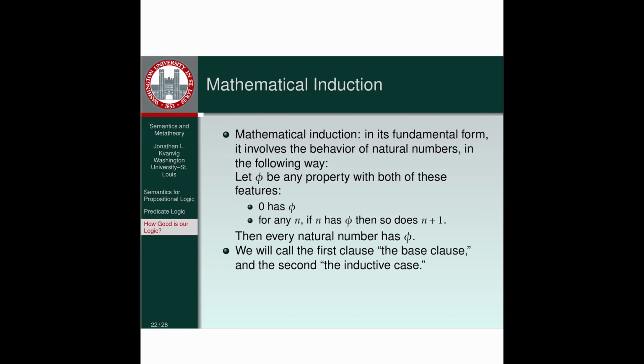Second, we're going to make a general claim for any n. If n has phi, then so does n plus 1. If both of those clauses hold, then we're going to be able to say every natural number has phi. So the first clause is the base case, the second is the inductive case.